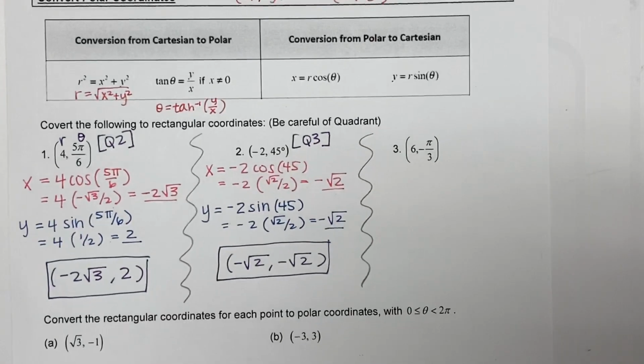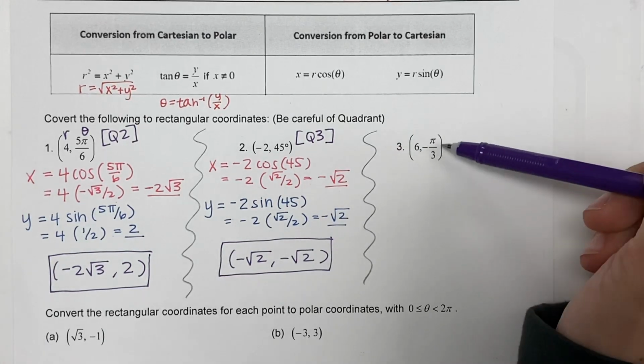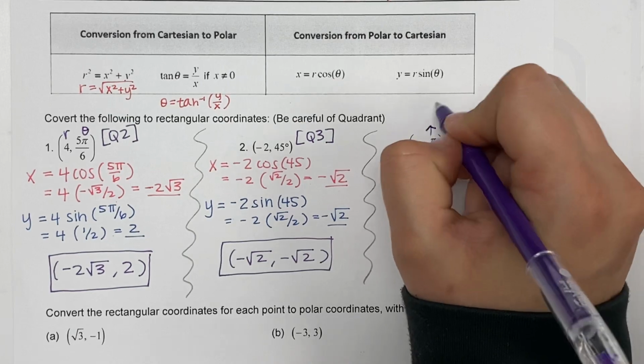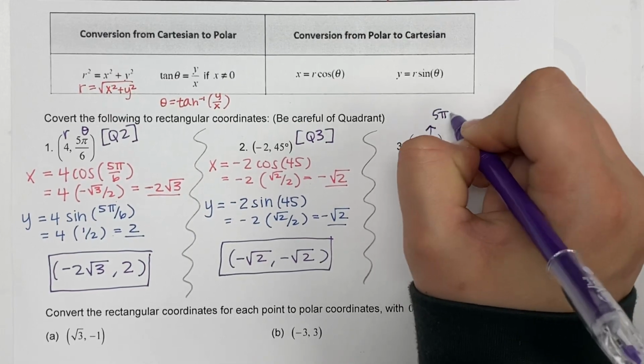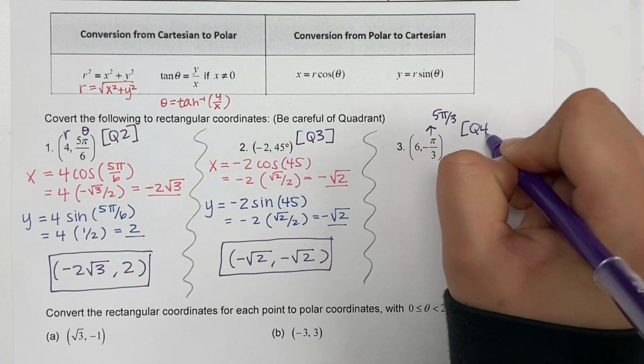Okay, y'all pause this video and try that last one, see if you got it, and then replay and you'll check your answer. Did you pause it? Okay. So this I'm going down pi over 3. So I'm technically going to be using 5 pi over 3. That's in quadrant 4.